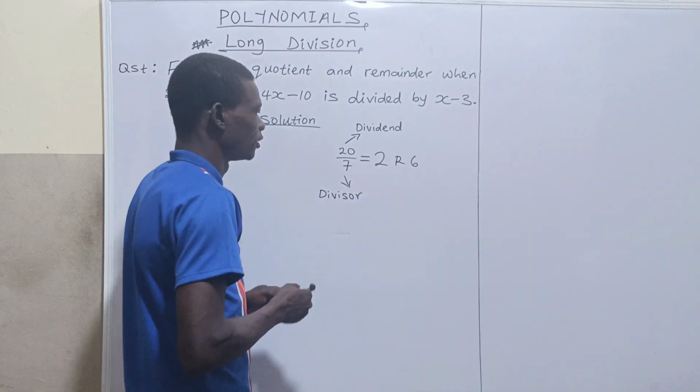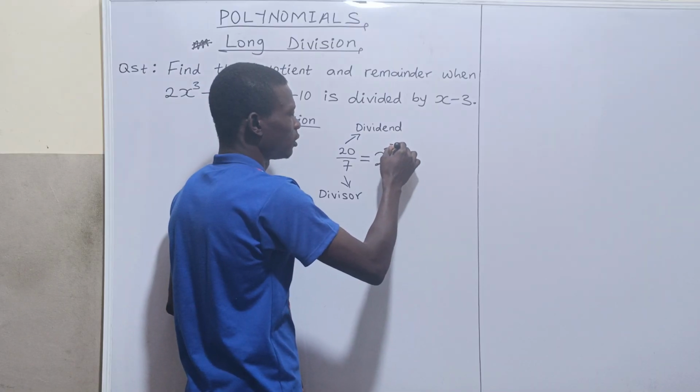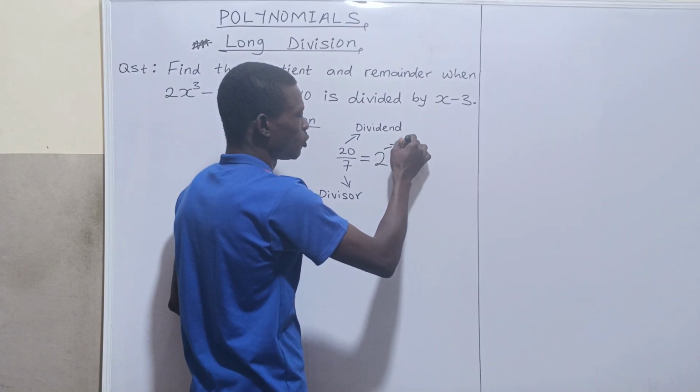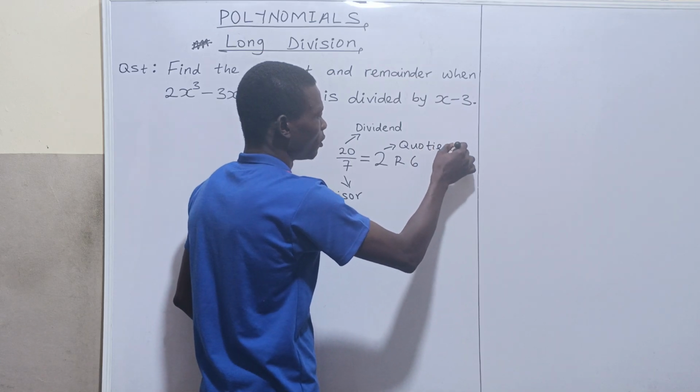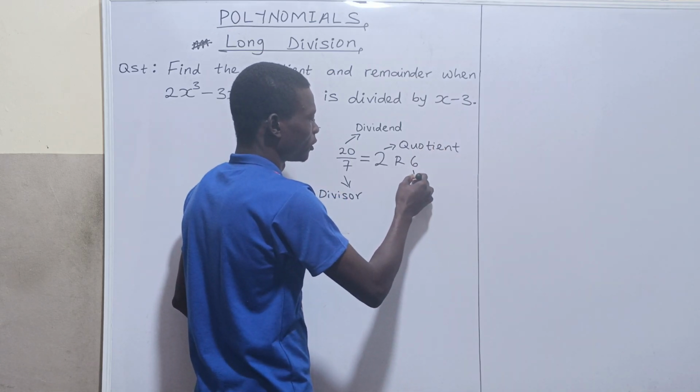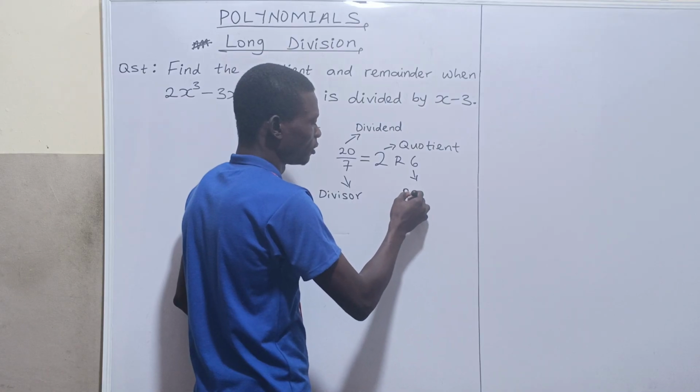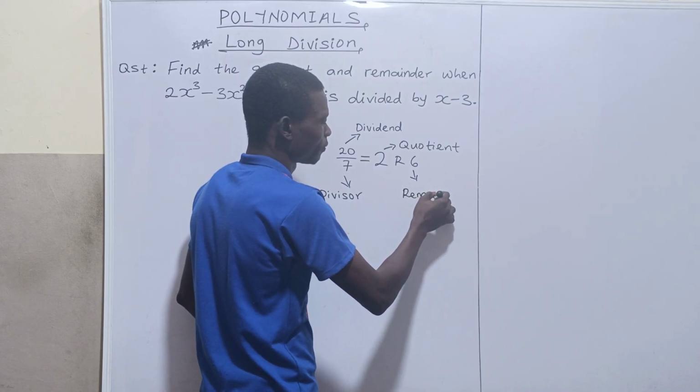So what is 2 called? 2 is called the quotient. And of course, 6 is called the remainder.